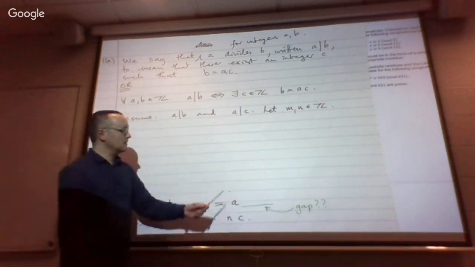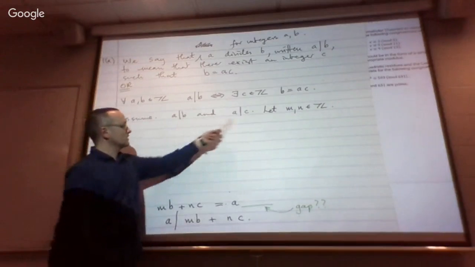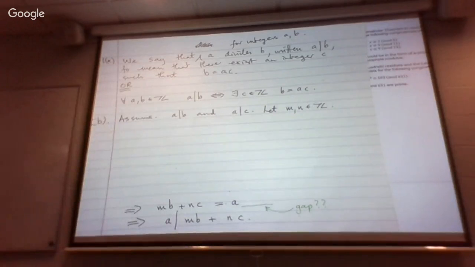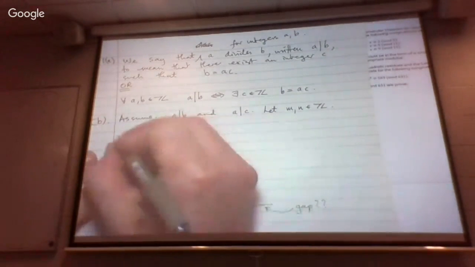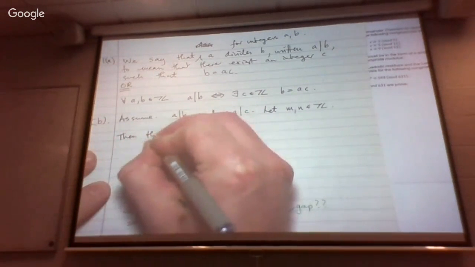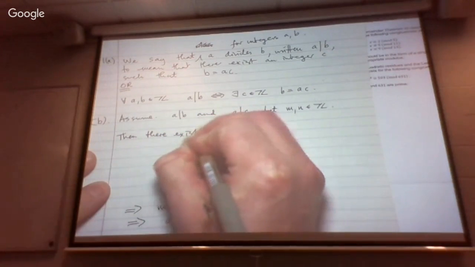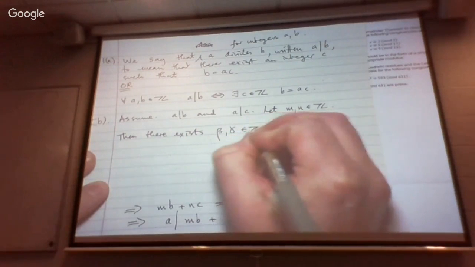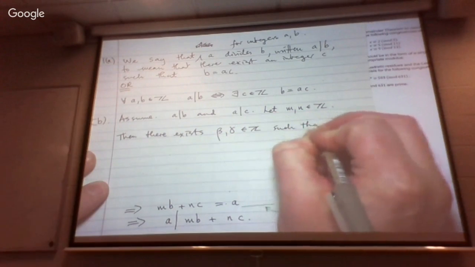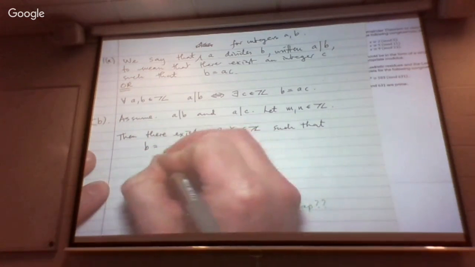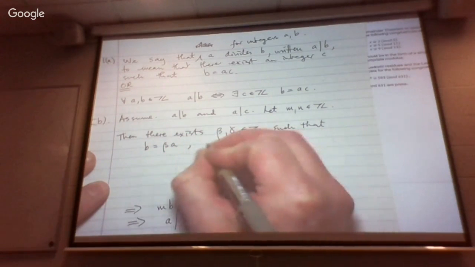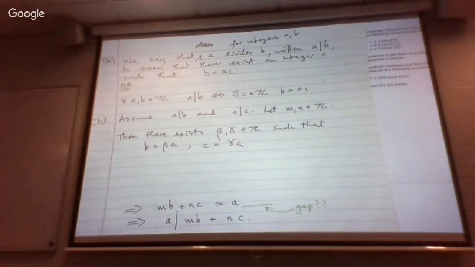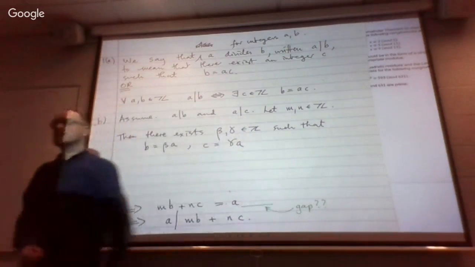And where is that going to come from? Well, what fills that gap is going to come from these statements here. These statements are divisibility statements, so they point to the existence of complementary factors as well. So we can say there exists a beta and a gamma in Z such that B is equal to beta times A, and C is equal to gamma times A. That's clearly true because that's the definition of divisibility.